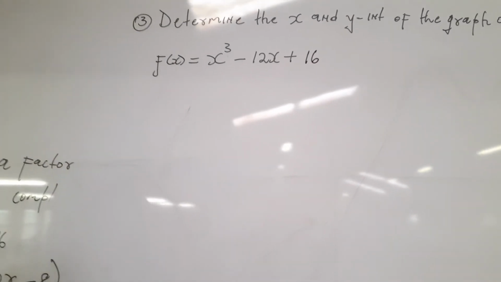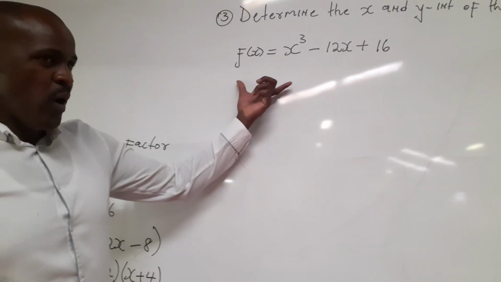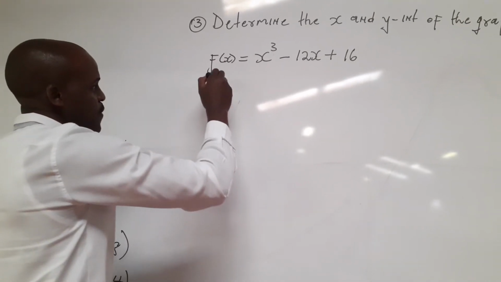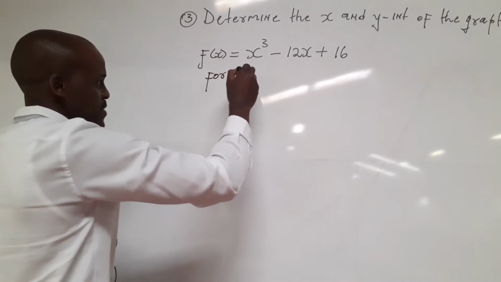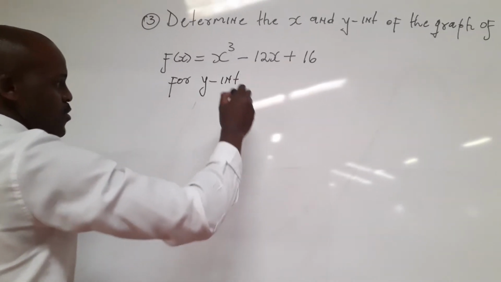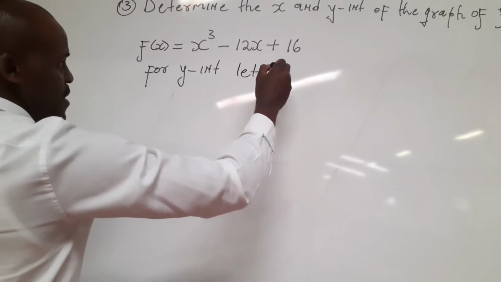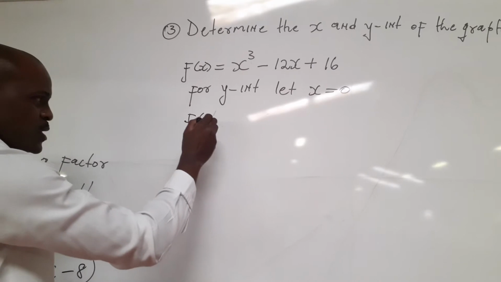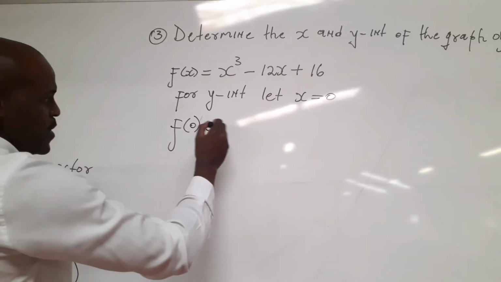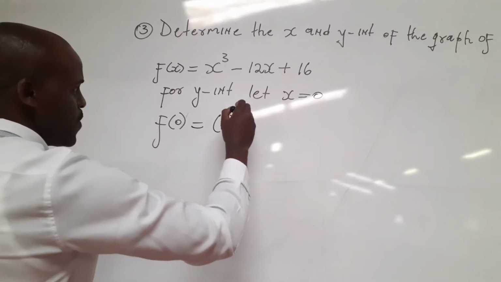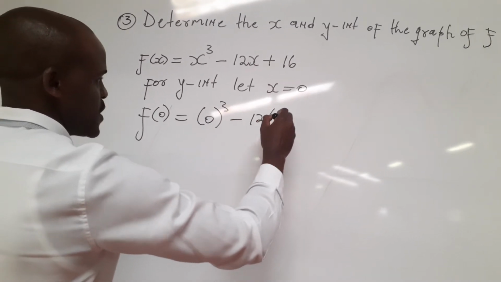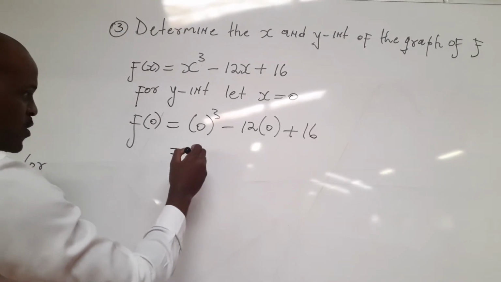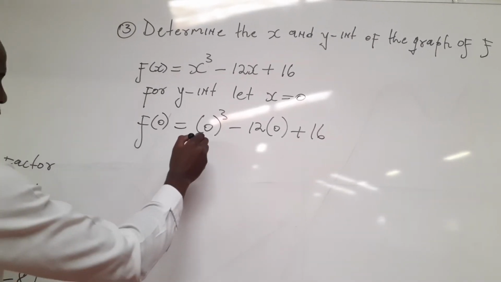Let us first find the y-intercept, because it's simple. For y-intercept, you always let x to be 0. So this will be 0 minus 12 times 0 plus 16. Then the answer will be equal to 16.